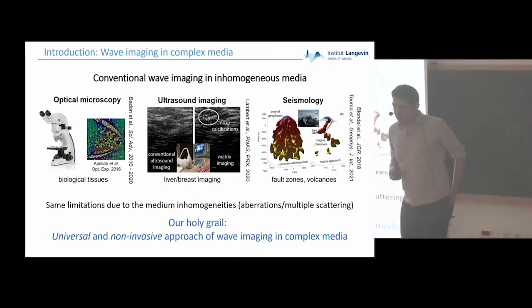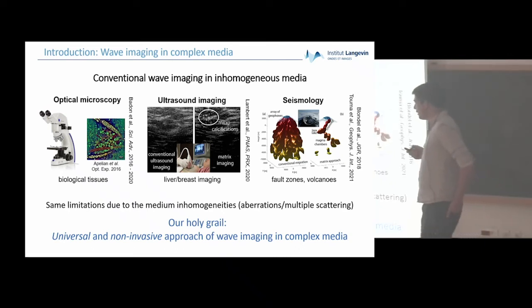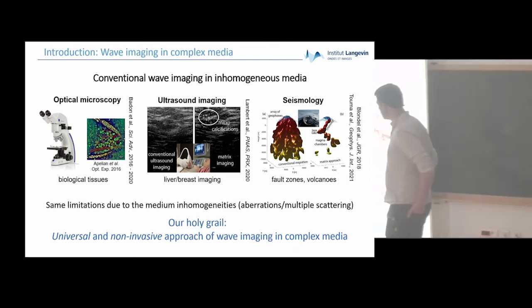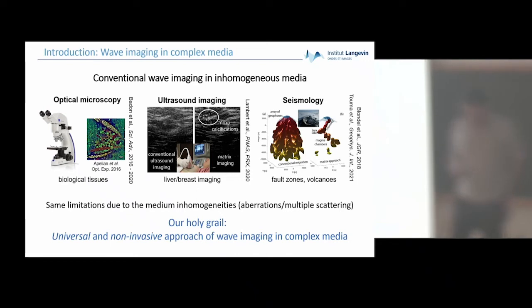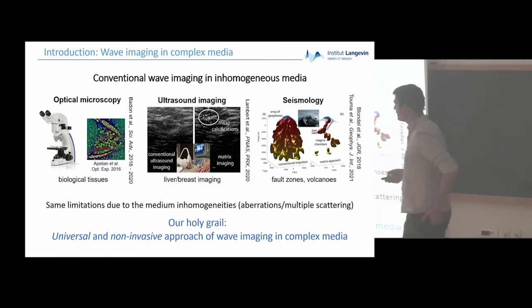And for all these applications, imaging methods suffer from the same limitations that are due to the medium inhomogeneities. These limitations are aberrations and multiple scattering, so I will define them later. And our holy grail is to build a universal and non-invasive approach of wave imaging in complex media.